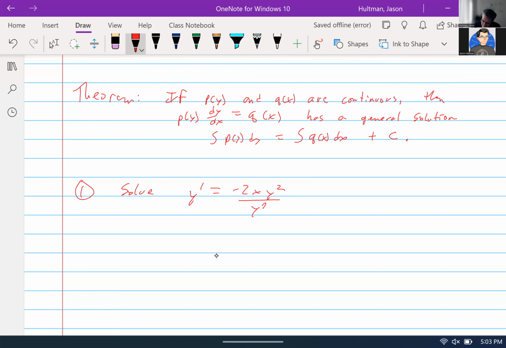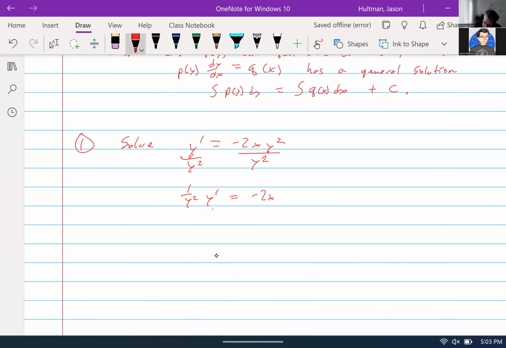So I get 1 over y squared y prime is equal to negative 2x. Then I change this y prime into a dy dx. So 1 over y squared dy dx equals negative 2x.